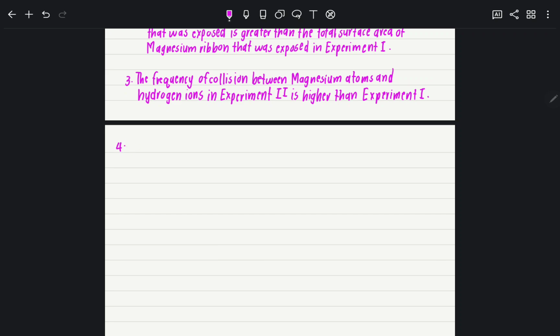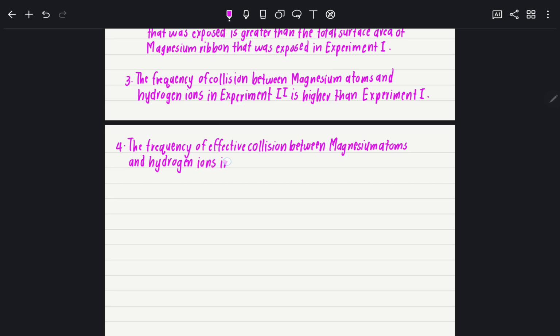Okay, so once I've told you this point, the next point, effective frequency of collision, you just copy the third point, but what you do is just add the word effective in front of collision, that's all. Let's write the frequency of effective collision between magnesium atoms and hydrogen ions in experiment 2 is higher than experiment 1.